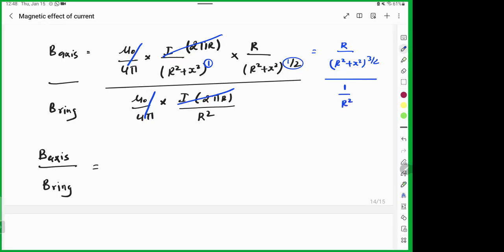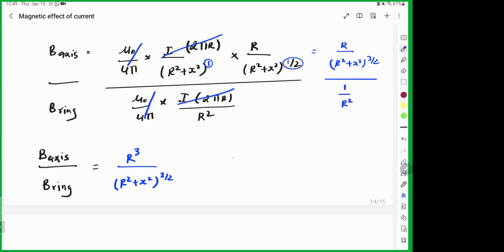Divided by 1 by r square, what will be the value? r by r square plus x square whole 3 by 2, and here the denominator of the denominator will be numerator. Make sense?